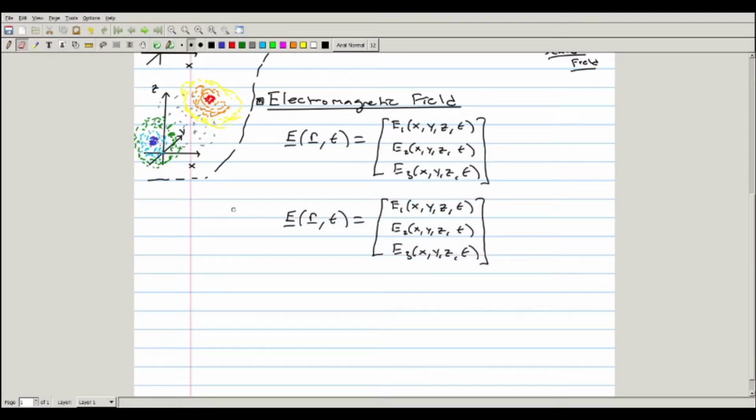Same exact idea, but it's a different field, and it's related to the electric field through partial differential equations that govern these two fields. Specifically, these are called Maxwell's equations.